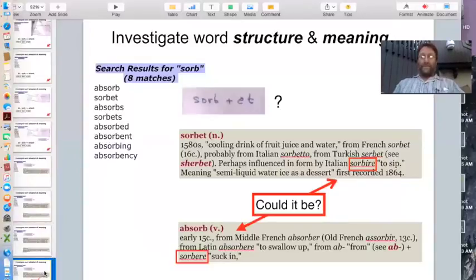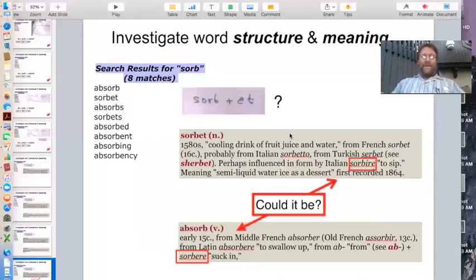I do not know the answer here, but this actually bumps up against some things that I've been looking at with my friend Gail, the IRE, ERE Latin suffixes, but this is actually Italian. So I'm leaving this as an open question still. It could just be that we could put sorbet and absorb in the same matrix, but I need to get a bit more evidence in Etym Online.